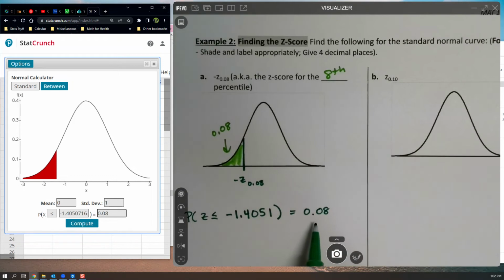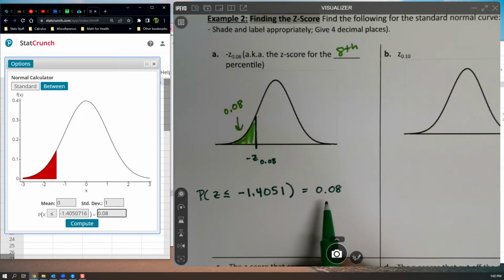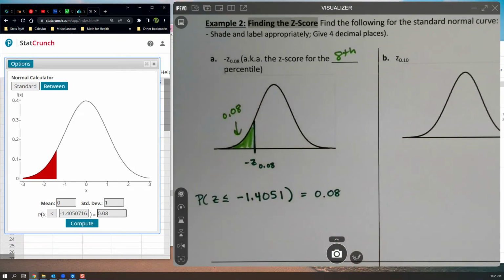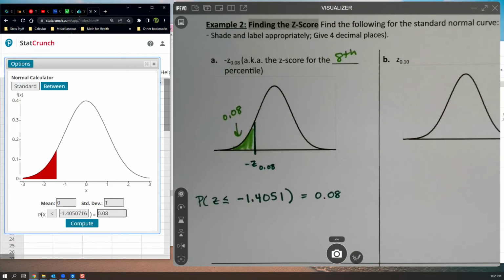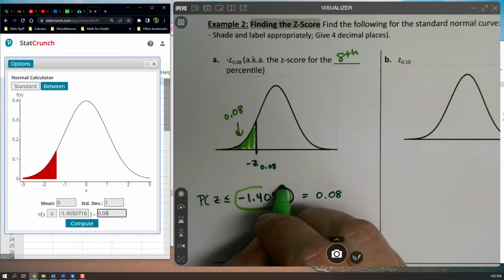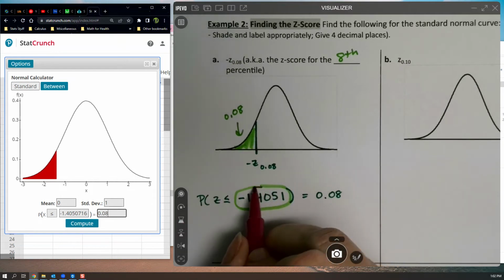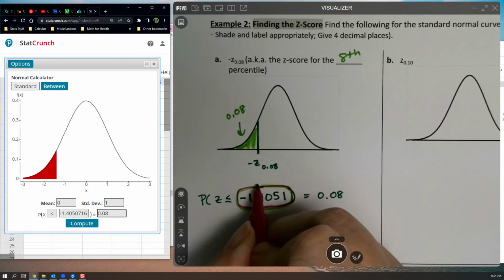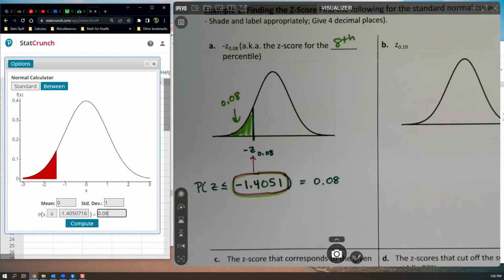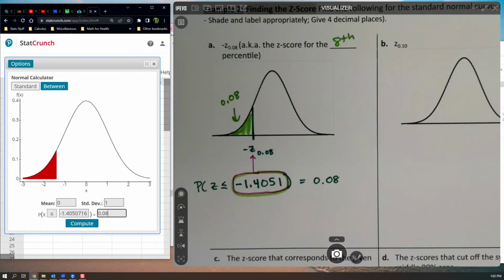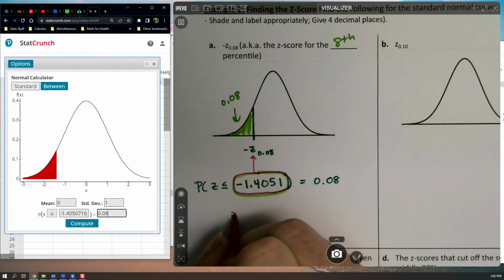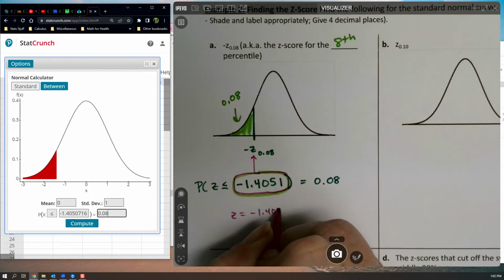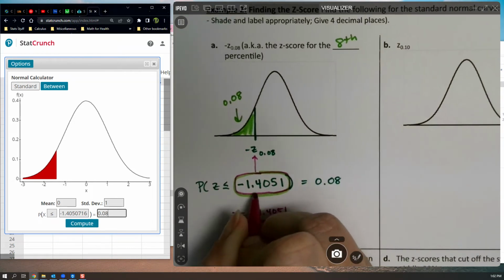The 0.08 is not the answer. I knew 0.08 going into the problem. The answer is actually the negative 1.4051. This guy right here. That's the answer. That right there is where that value falls. So if you like, you could say z equals negative 1.4051, but it's right there.